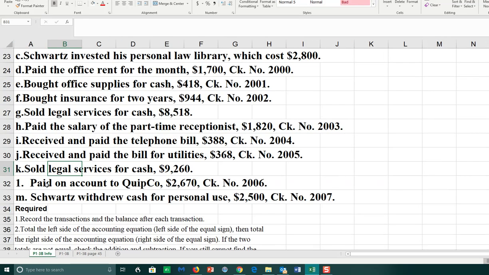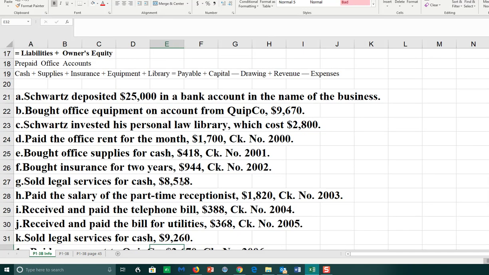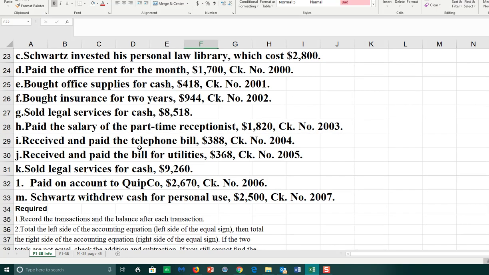We have transaction L, where the business is making a payment on account to Quick Company for $2,670. Remember Quick Company from the earlier transaction where the company bought the equipment on credit? So now they're making a payment against the amount that is owed.